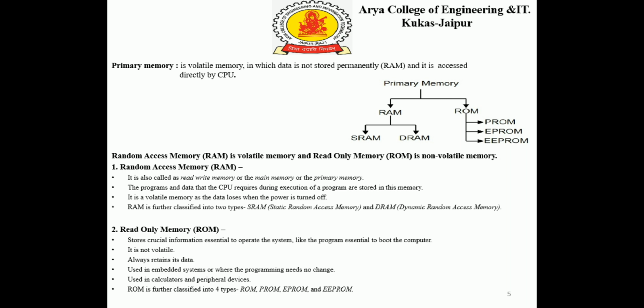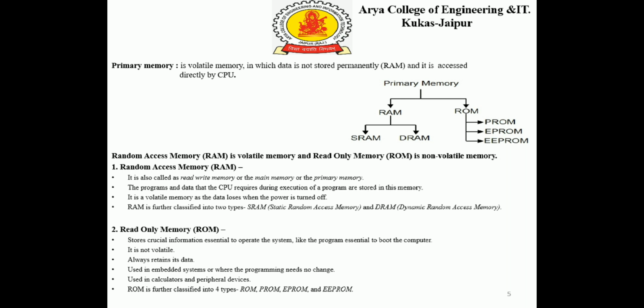After restarting the computer, we do not get the data back, and it is accessed directly by the central processing unit. The types of primary memory: RAM and ROM; RAM: SRAM and DRAM; ROM: PROM, EPROM and EEPROM. We will be seeing them. What are they? Random access memory, which is volatile, and read only memory, which is non volatile. What are the differences and how they work, we will see further in detail.